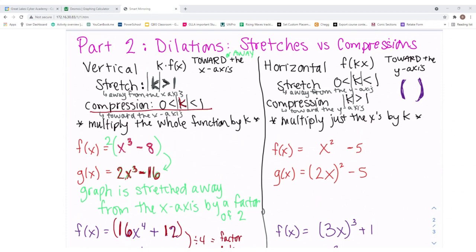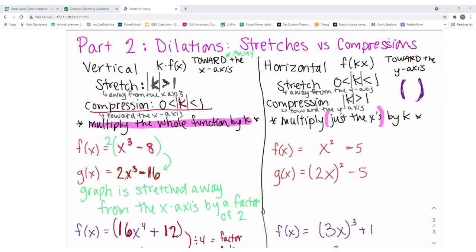And to tell the difference, and this is kind of big, are you multiplying the whole function by the same number or just the x? And in fact, I'm going to put just the x. The hint for that is the parentheses. So on this example that we have here, we have subtract 5 on both of them.